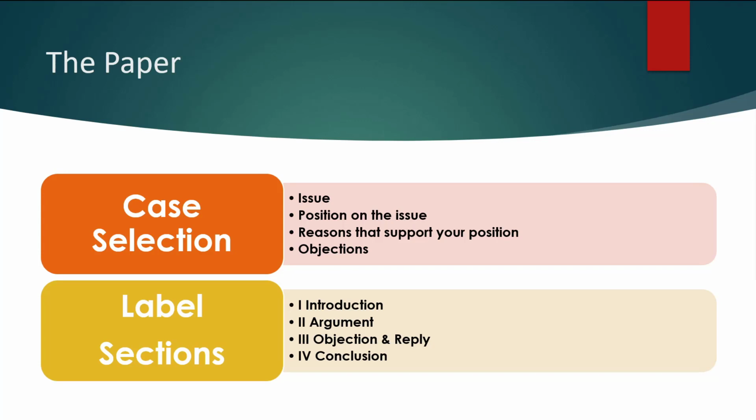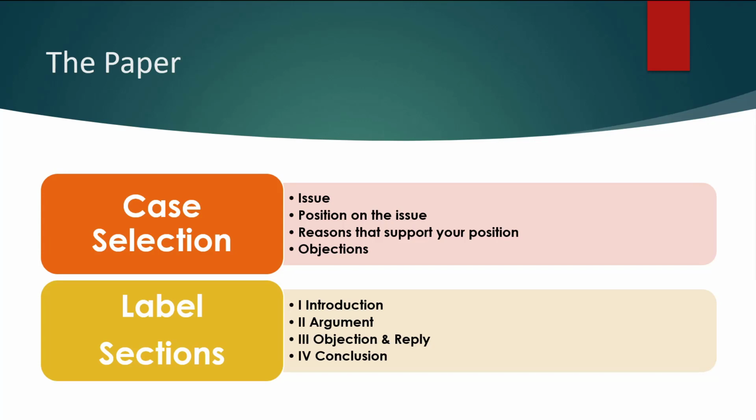Be sure to label the sections for a very practical reason: each section has a certain number of points that it's worth, and I grade based on each section. So I look to see, okay, is this the introduction? And I grade it appropriately. Now, in some cases, even without labels, I can tell what the person is doing because they're clear enough. But to be honest, in some cases, without labels, I have no idea what's going on. And I just have to guess, like, okay, is the person arguing?